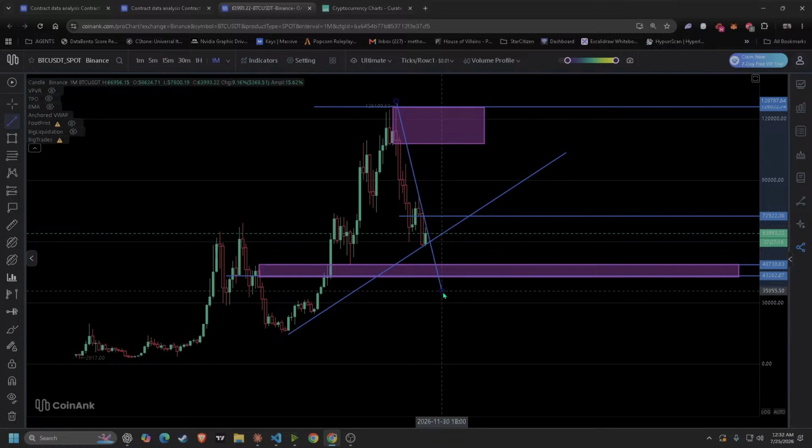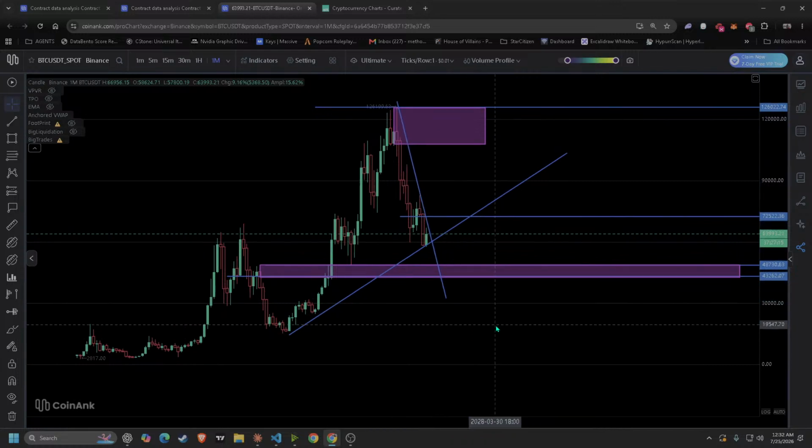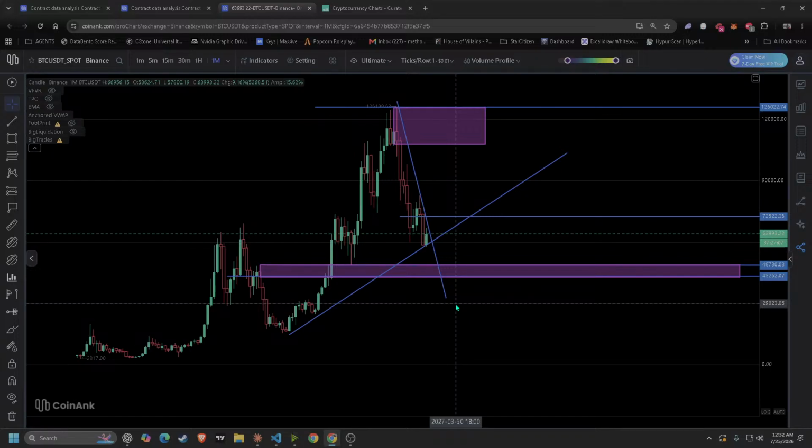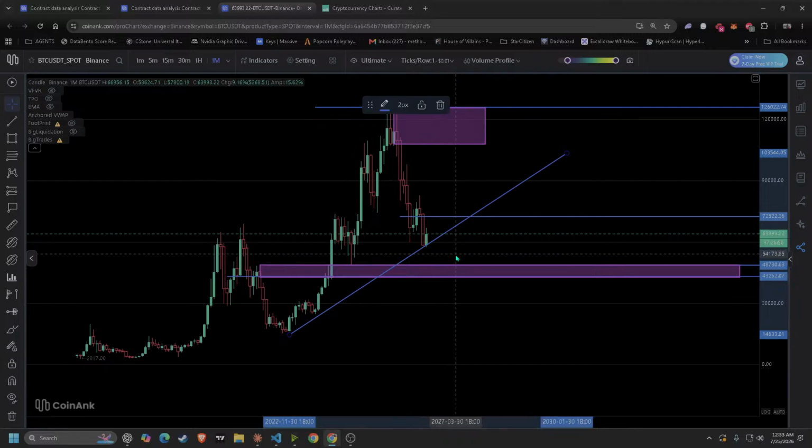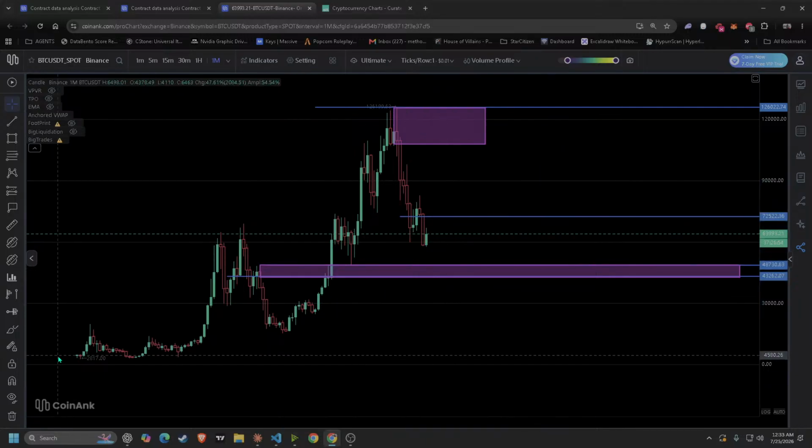Medium term trend is straight down. And short term trend is down. So here's what I'd be looking at.